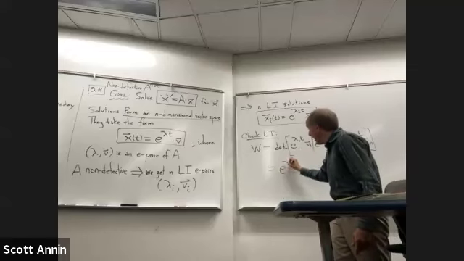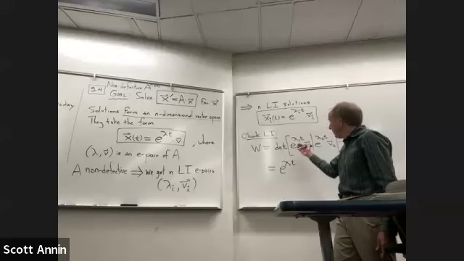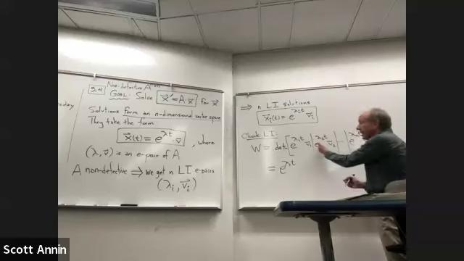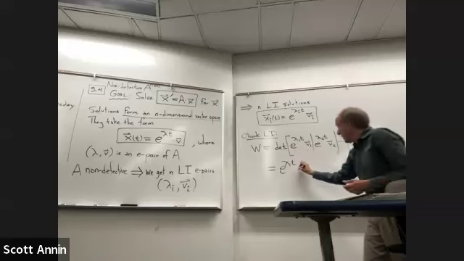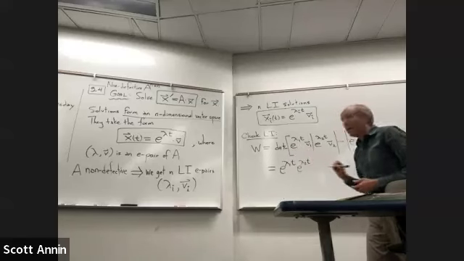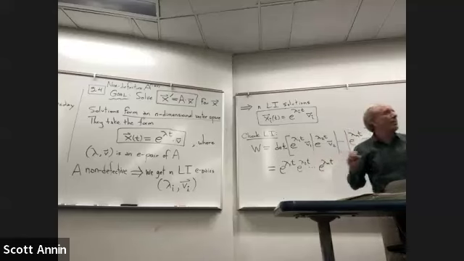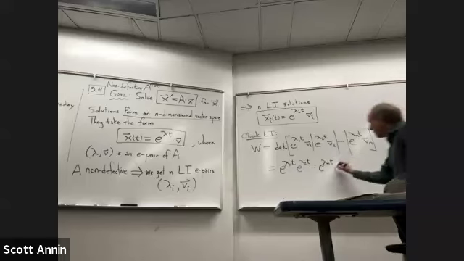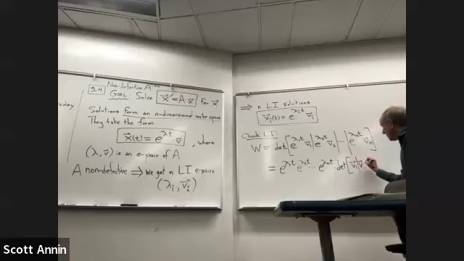So you could pull it out. It's like if that was a 5, you could put the 5 out in front. And then in the second column, maybe you had an 8. You can pull that out in front also. So there's an e to the lambda 2t that gets pulled out as well. You end up pulling out all of these exponentials. They all come out. And the only thing that you're left with is the determinant of the vectors themselves.